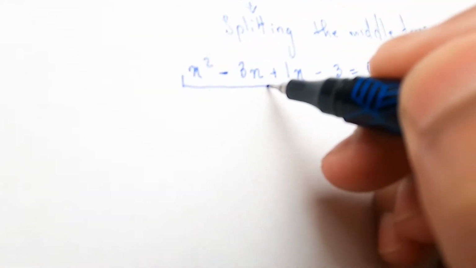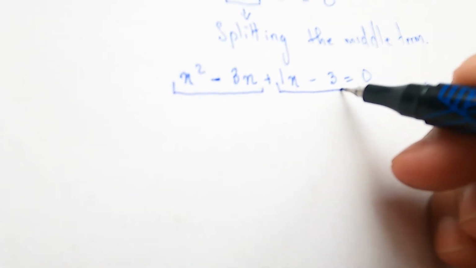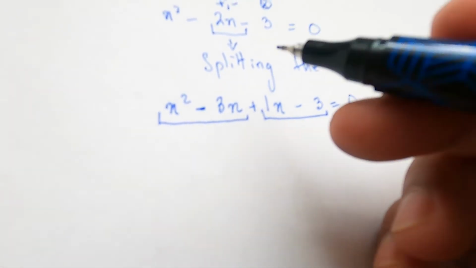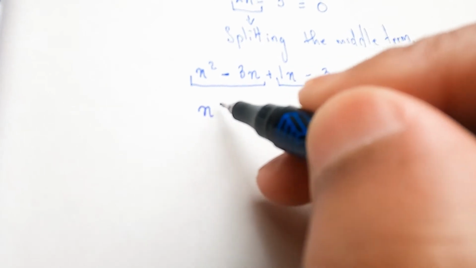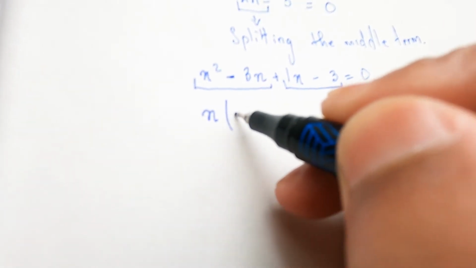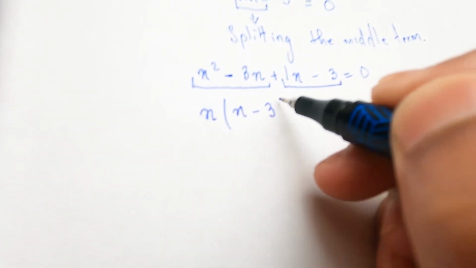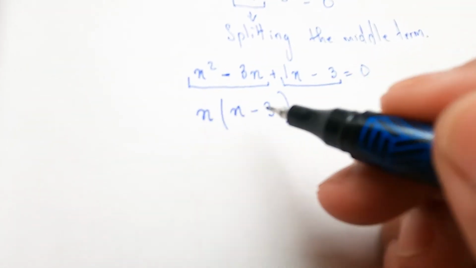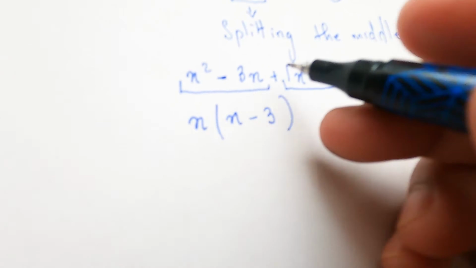So next, what we will do is we will group the terms into pairs in order to find the common number. So in this case, the common number will be x. So it will be x into x minus 3, because x into x will be x squared and x into 3 will be 3x.